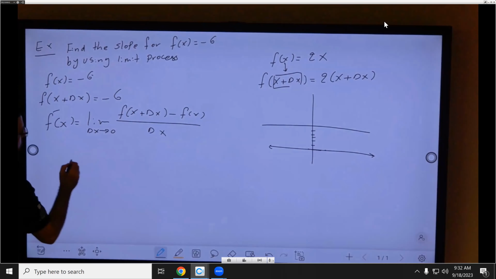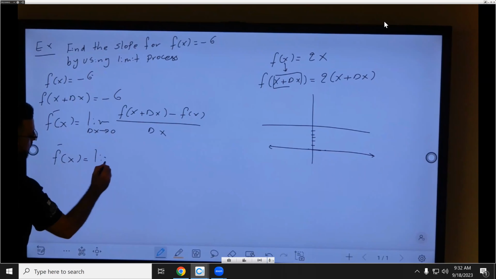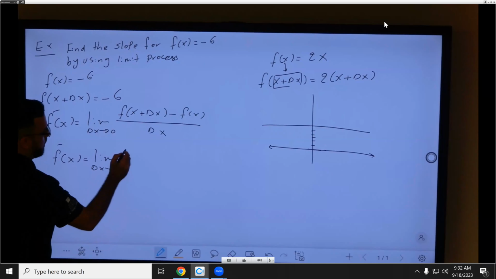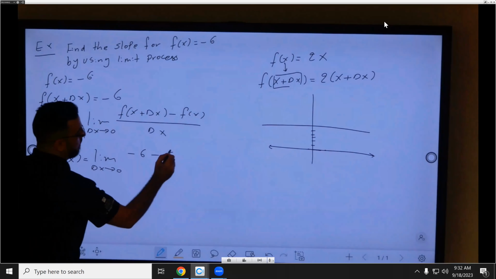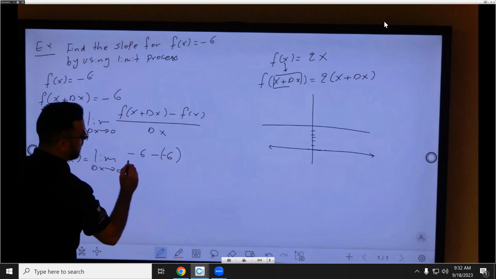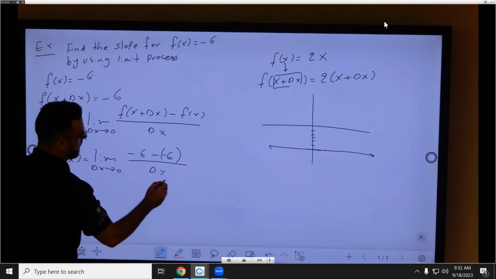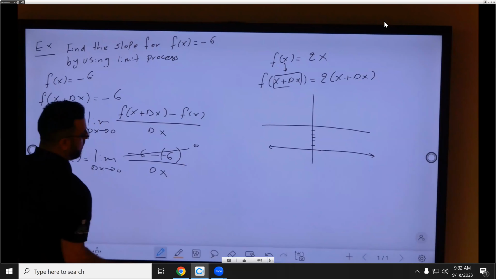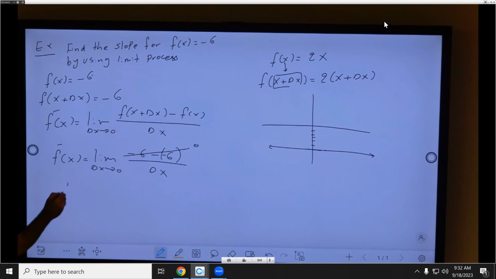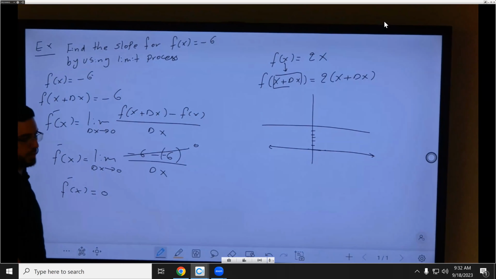Here's the rule. That means the slope is going to be the limit as delta x approaches 0 of -6 minus -6 divided by delta x. The whole thing here is 0. 0 divided by delta x, that's 0. That's it.